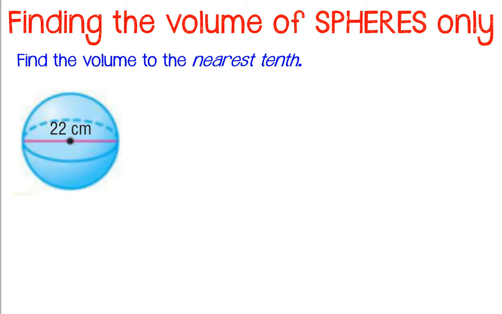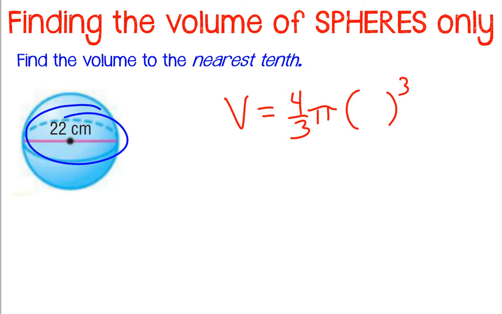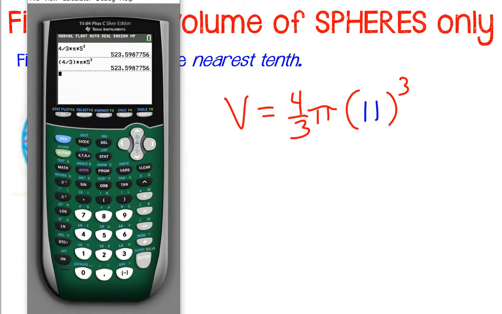Let's take a look at another question here. The volume of a sphere is 4/3 pi times radius cubed. Now be careful, this is a diameter. A radius is half a diameter, so my radius is going to be 11. So again, turn my calculator on. I'm going to type 4 division 3, that's the fraction 4/3.